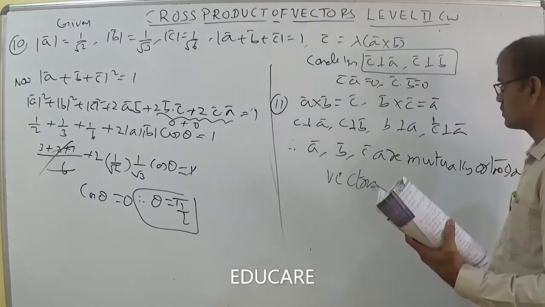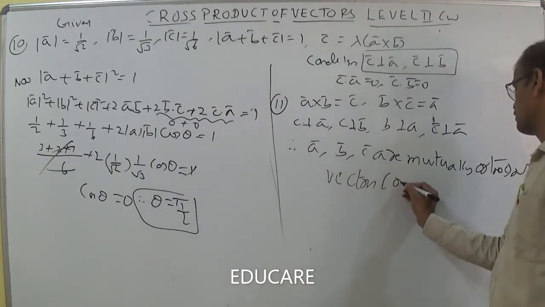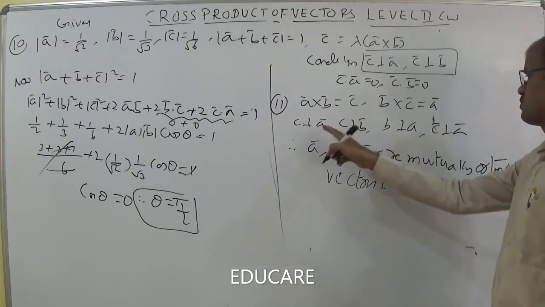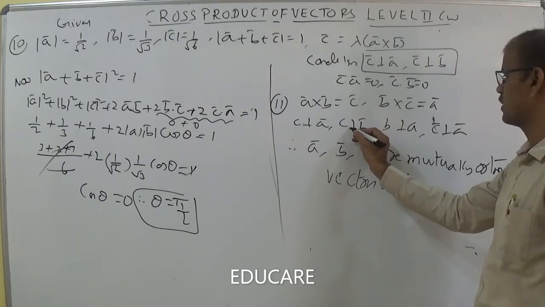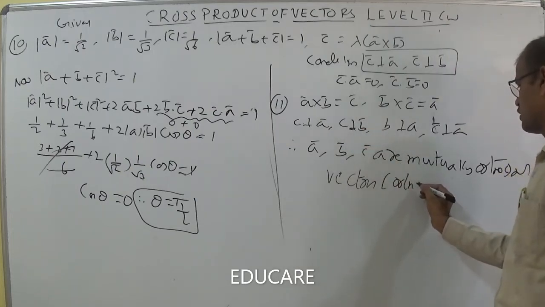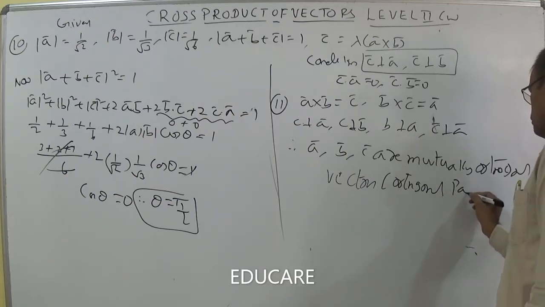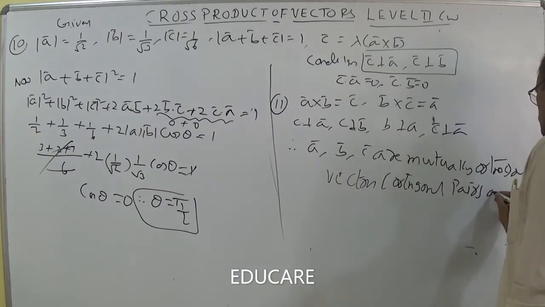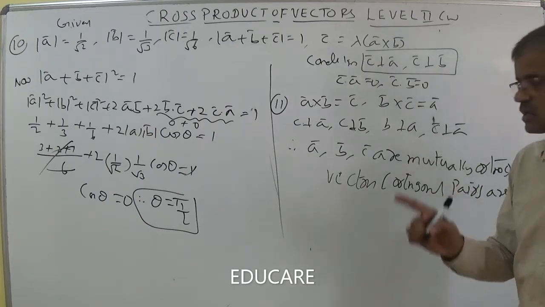So according to this you should calculate the magnitude. Orthogonal pairs means C perpendicular to A, B perpendicular to A, like that. The orthogonal pairs are A bar B bar, B bar C bar, C bar A bar.